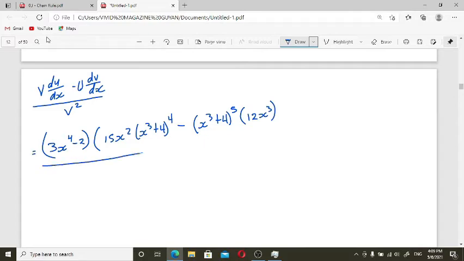And this is all divided by v squared, and v is 3x to the fourth minus 2, squared.